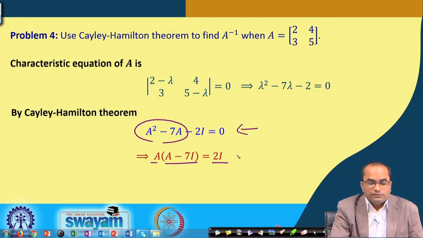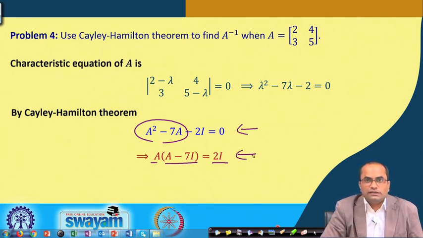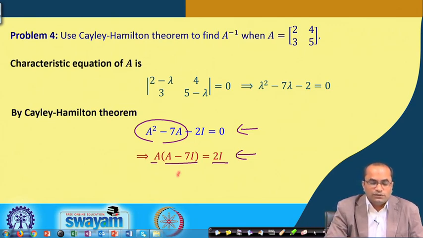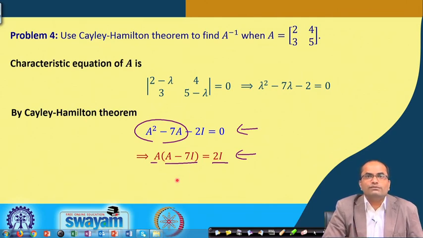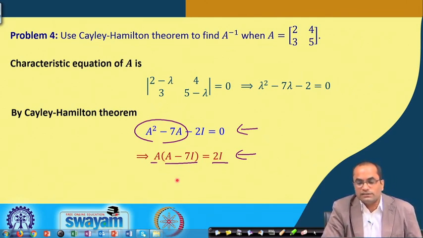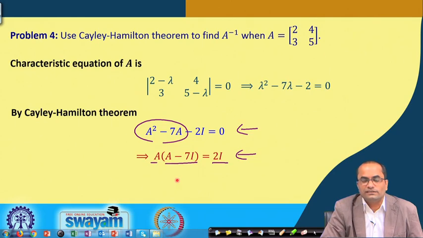The Cayley-Hamilton theorem says that every square matrix satisfies its own characteristic equation, but if we are now multiplying by A inverse here, that is only possible when A inverse exists. So, we should not do such calculations when A inverse does not exist. We should verify first whether A inverse exists or not. In this case, naturally it exists.